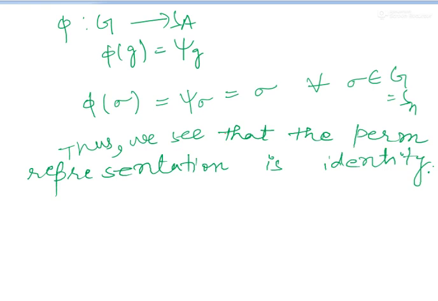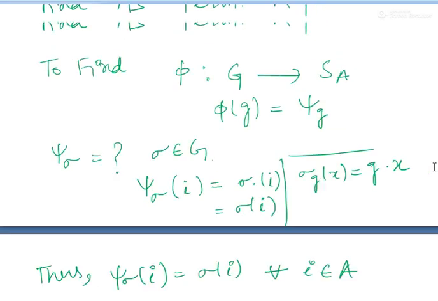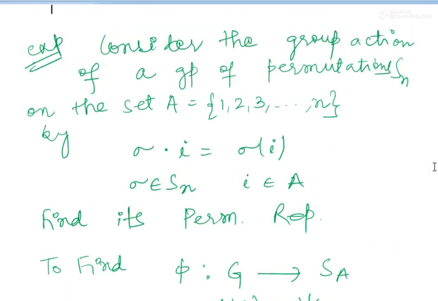Now we come to a theorem. First, one point you should note in this example: the permutation representation is phi from G to SA actually.